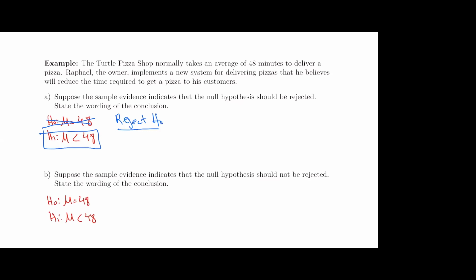So the way that we'll write the conclusion, and think about it like the court system, we'll say there is strong evidence to support the alternate hypothesis, and then what you want to do is state what the alternate hypothesis is saying.